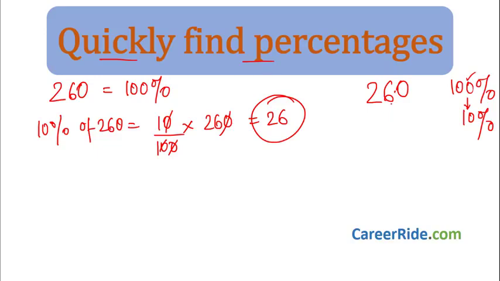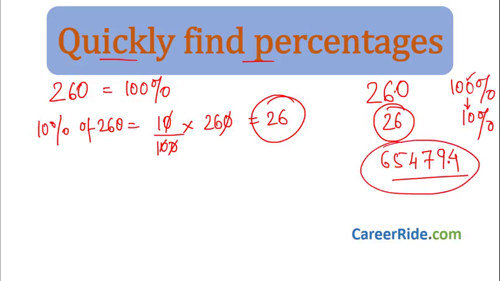So what do we get? 26.0. That is nothing but 26. This becomes 10% of 260. See how easy it was. Take any other example. Say we take 654794. Take this number. What is 10% of this? Simply put one decimal point. This is 10%, right?